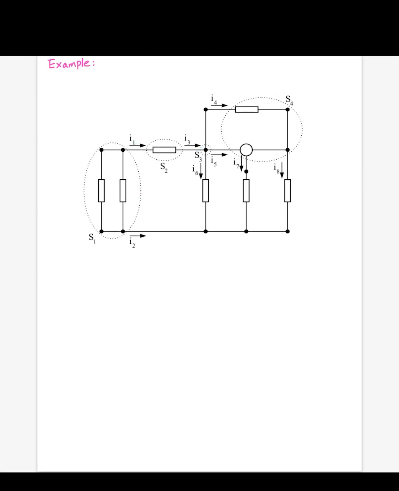So here in this example, you can see some Gaussian surfaces S1, S2, S3, and S4. In S1, there is no current entering, but there are some currents that are leaving.